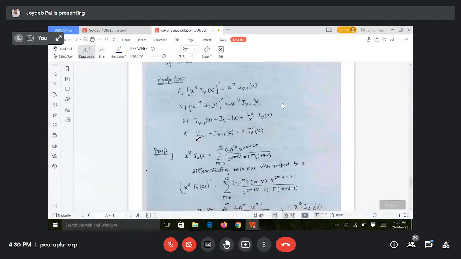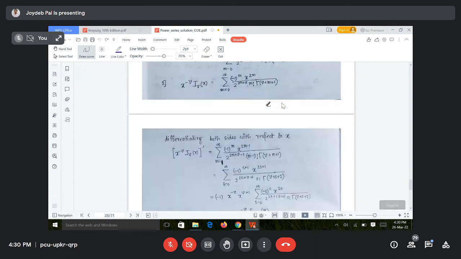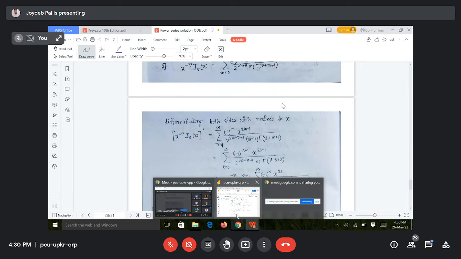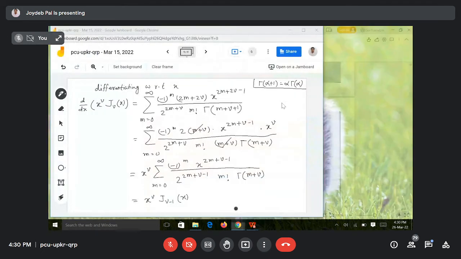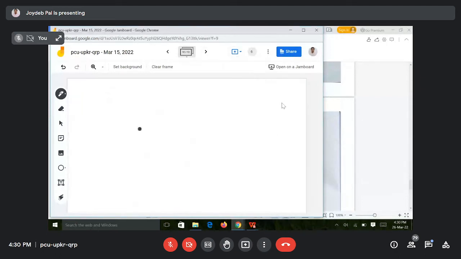Now the second property. It is x to the power minus nu J nu(x). Its differentiation is equal to minus x to the power minus nu J nu plus 1(x). Okay. It is also very simple. Just you need to take one substitution here.